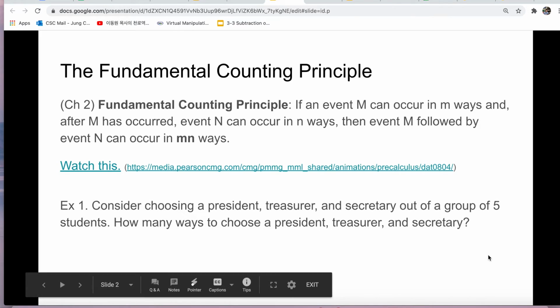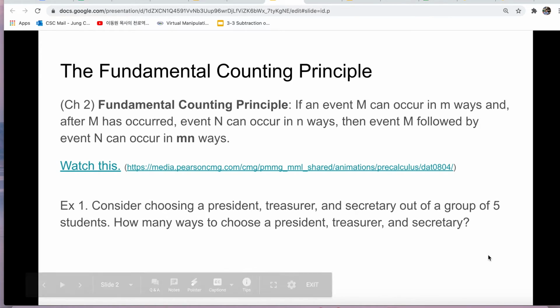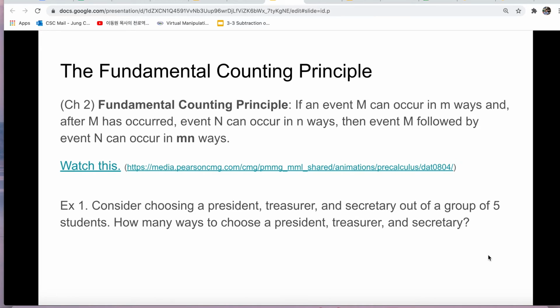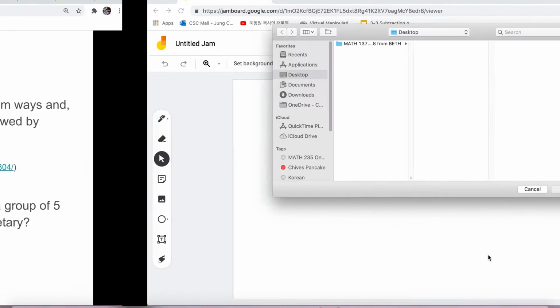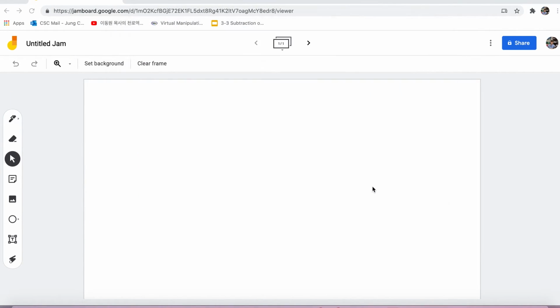So here's another example. Consider choosing a president, treasurer, and secretary out of a group of 5 students. So in this, let's say club, there are 5 members, and you are choosing a president, treasurer, and secretary. How many ways to choose them? Consider that.